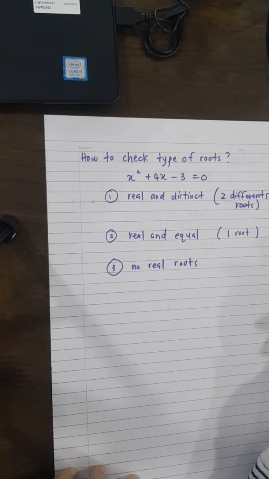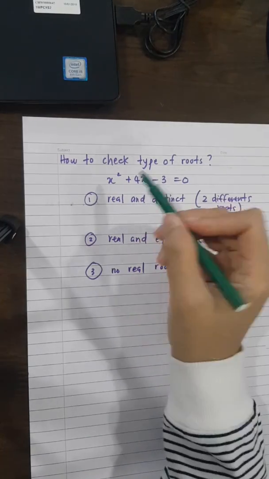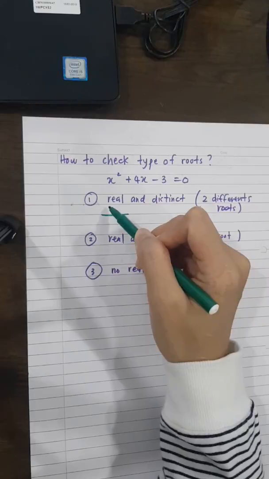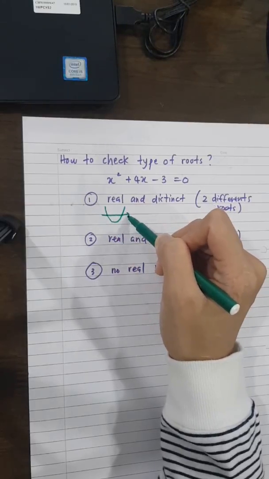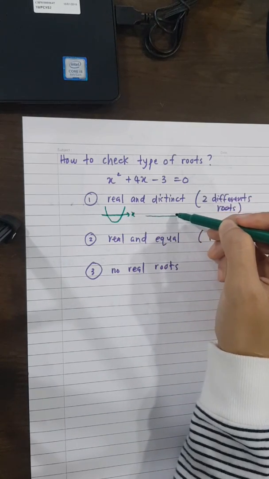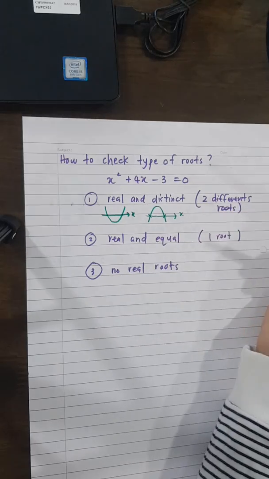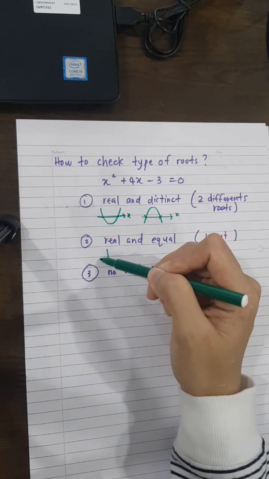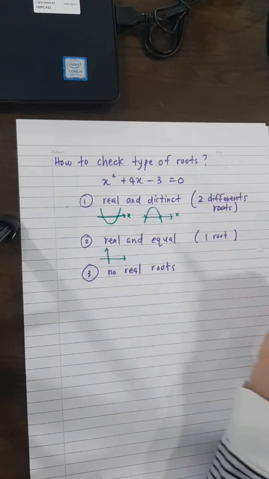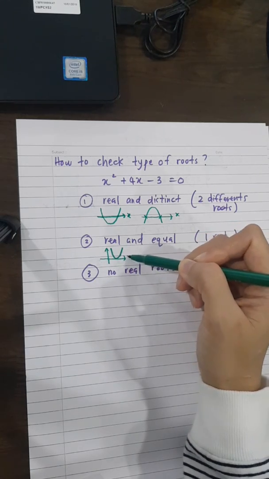If we translate these to graphs: if you have real and distinct roots, your graph, let's say a smile graph, will cut at 2 different places of the x-axis, and a sad graph also cuts at 2 different places of the x-axis. If real and equal, they have a root, but only one, meaning they just touch one point on the x-axis.